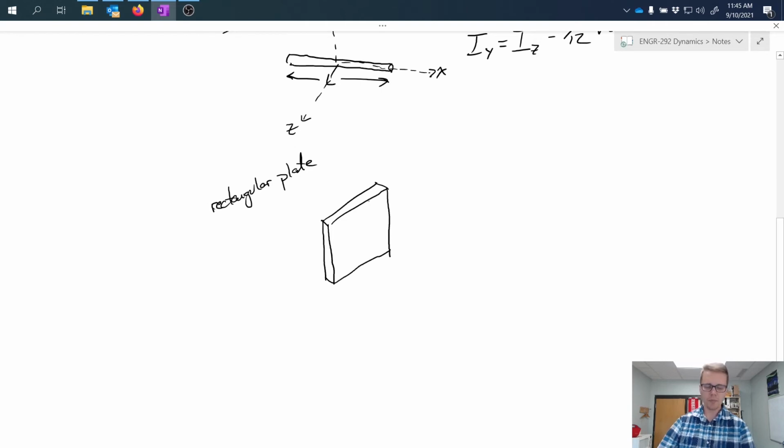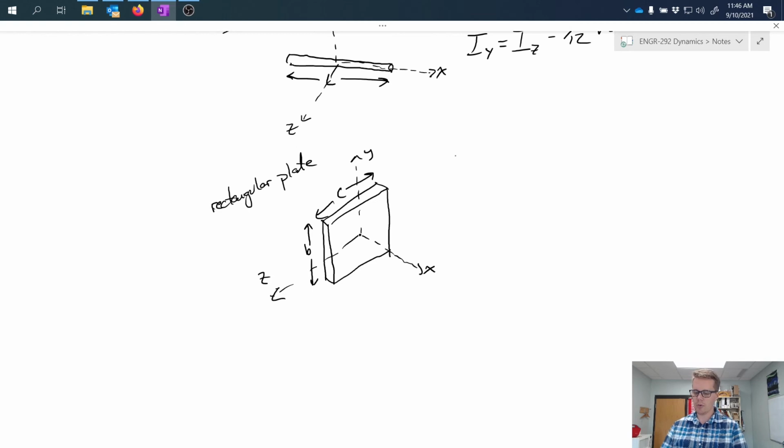And if we say that our coordinate system for rotation in this case is going to be located in the center of the plate, and the x-axis is perpendicular to the face, normal to the face of the plate, then we can define some things. First, define our geometry. And in this case, then, we can write these equations and think about rotation about these axes.